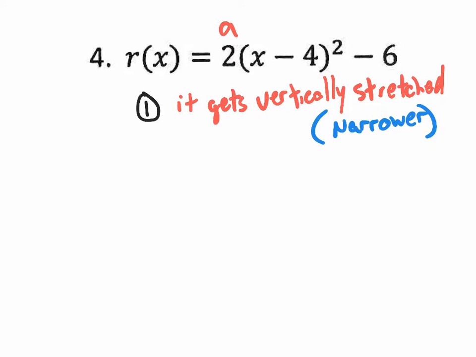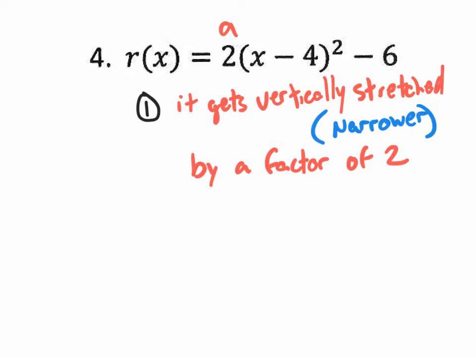It gets vertically stretched, but let's finish out the phrase by a factor of, what's the factor that we're stretching it by? 2. Obviously, if this were a 3, you'd be stretching it by 3. If it were a 5, you'd be stretching it by a factor of 5. It's that simple.